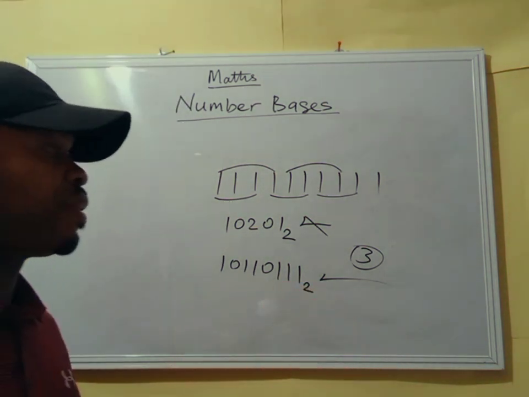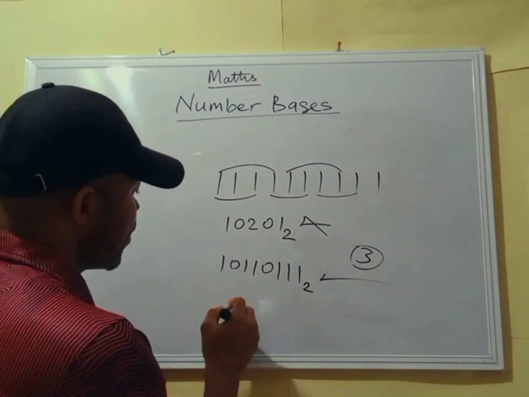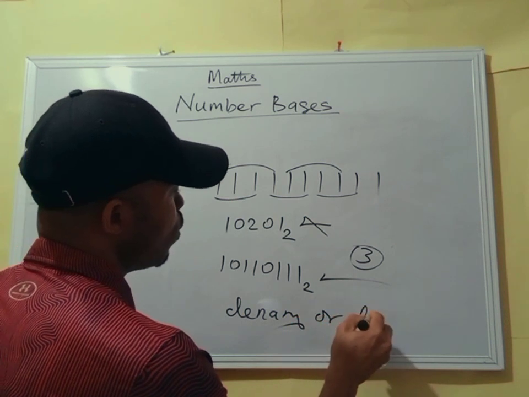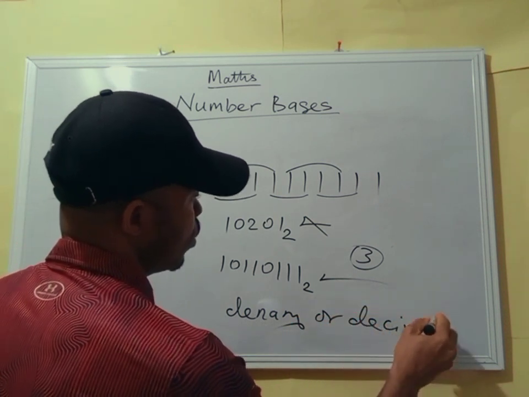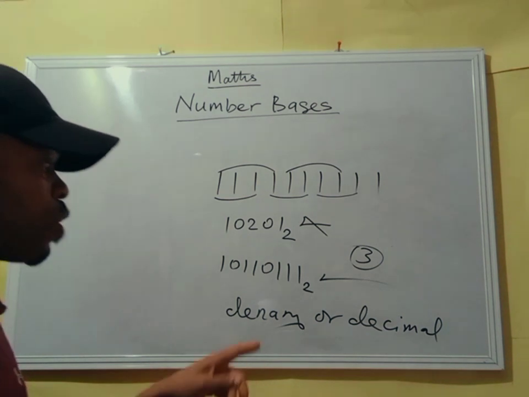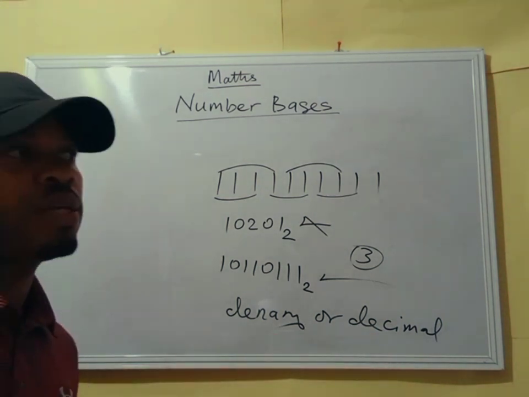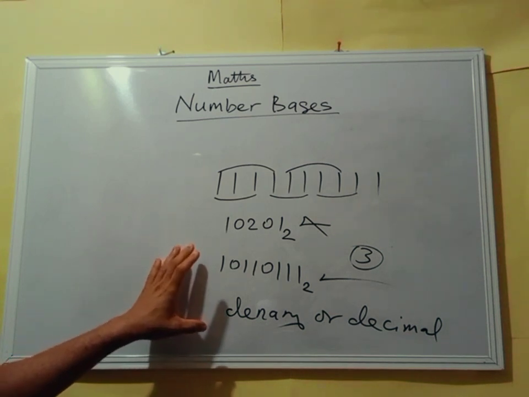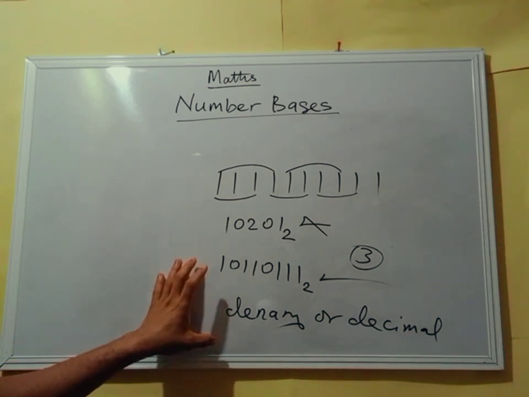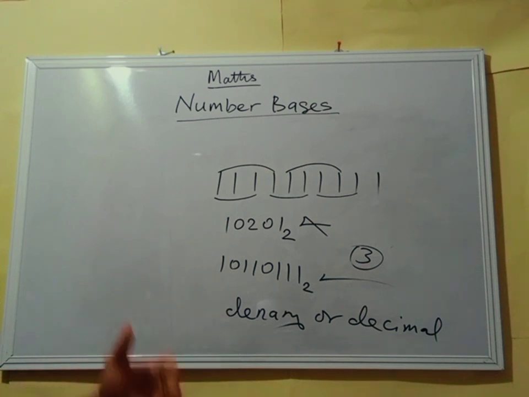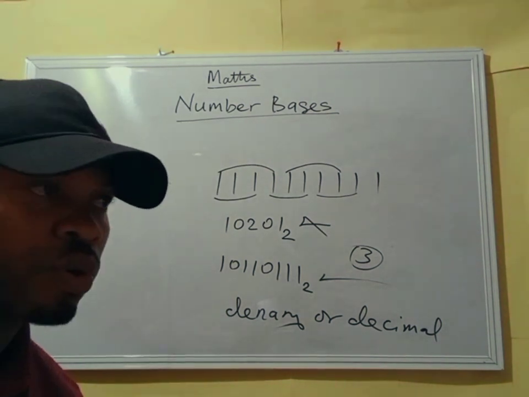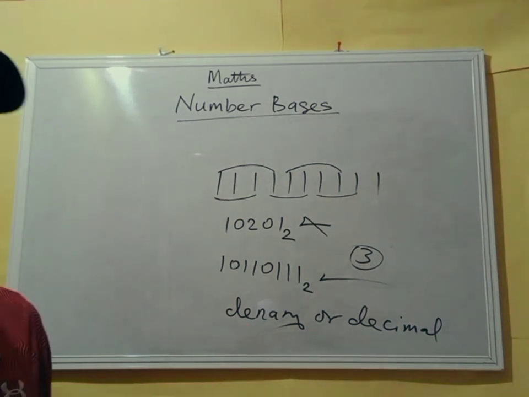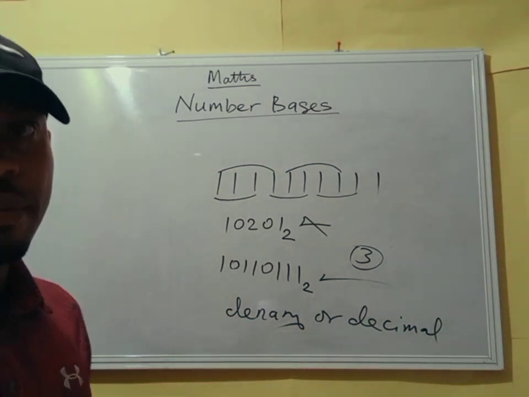And then base 10, which is called denary or decimal, is a central base. We refer to it as a central base, or you call it a reference base. As we go further, we are going to see what we call base 10 a central base or a reference base.